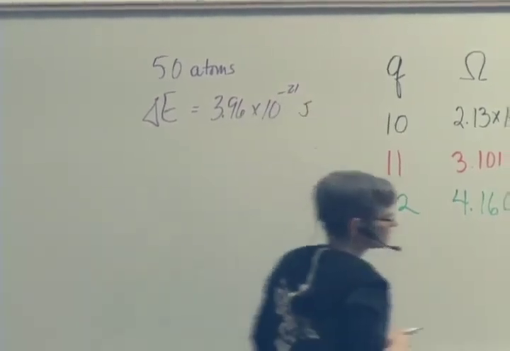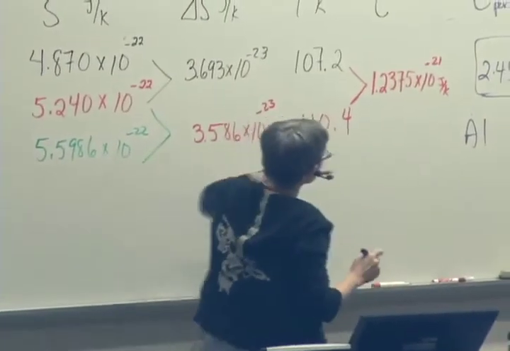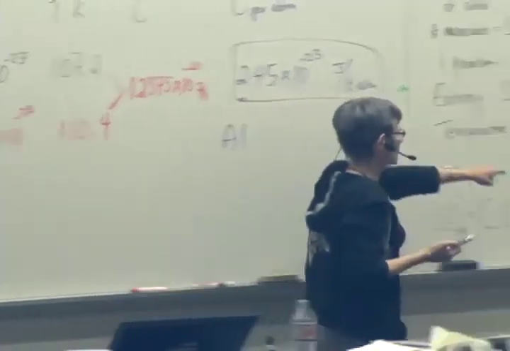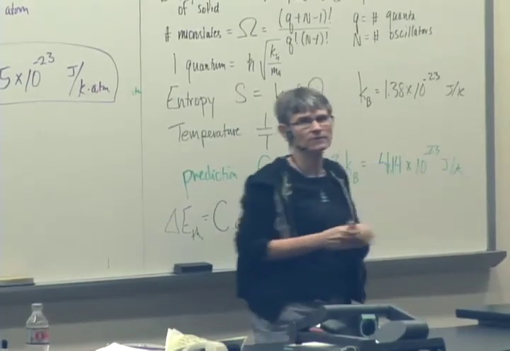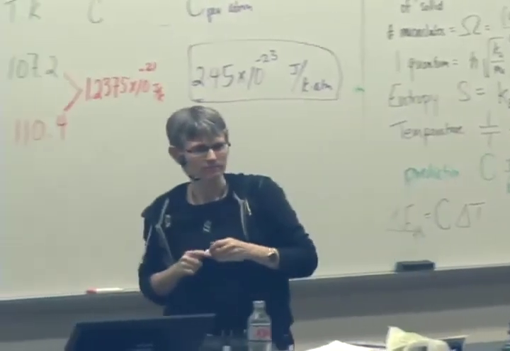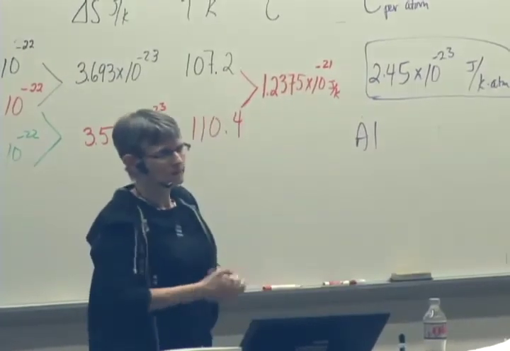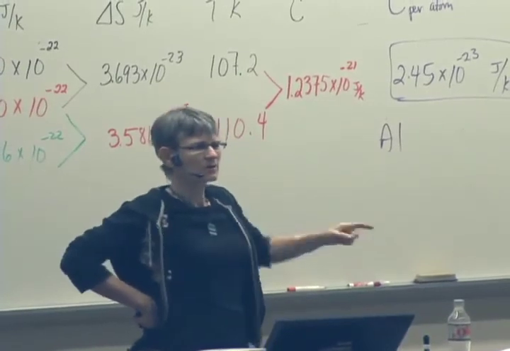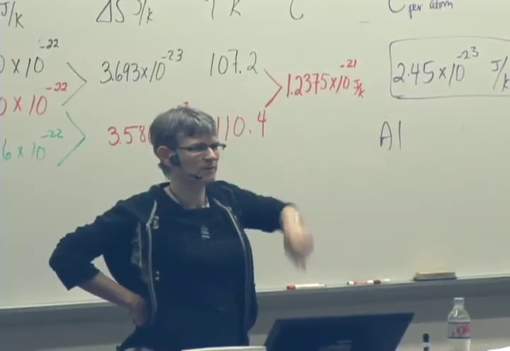Is that what it was? Yeah. So we find with a fair amount of calculation that we predict a specific heat capacity that's actually about half what it is at room temperature. So that means probably it's going up as temperature goes up, right?